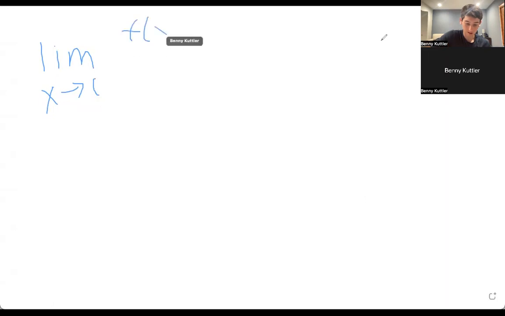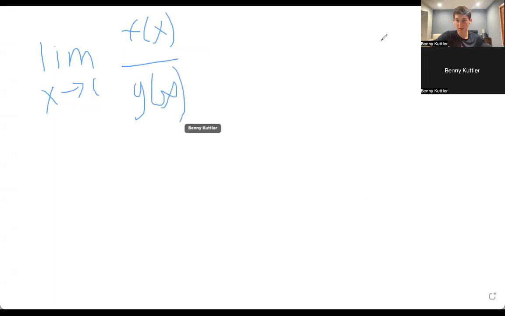So L'Hopital's rule says that basically if we have a limit, the limit as x approaches c, just to generalize it, but c could be any number, it doesn't matter, of f of x over g of x. See what this means? If we have x squared minus 3x plus 5, doesn't matter.